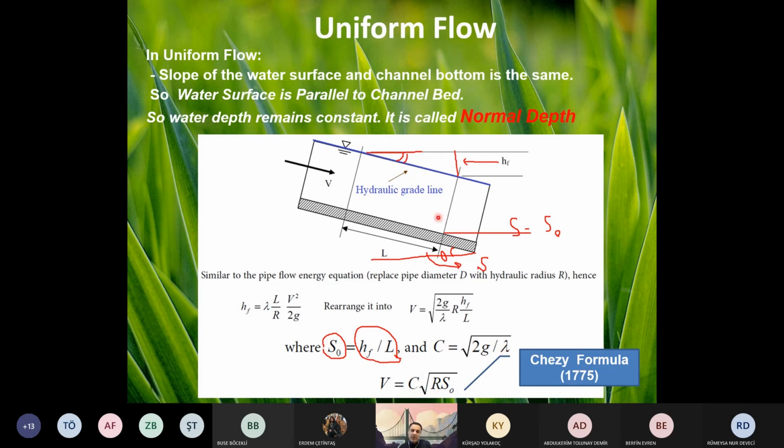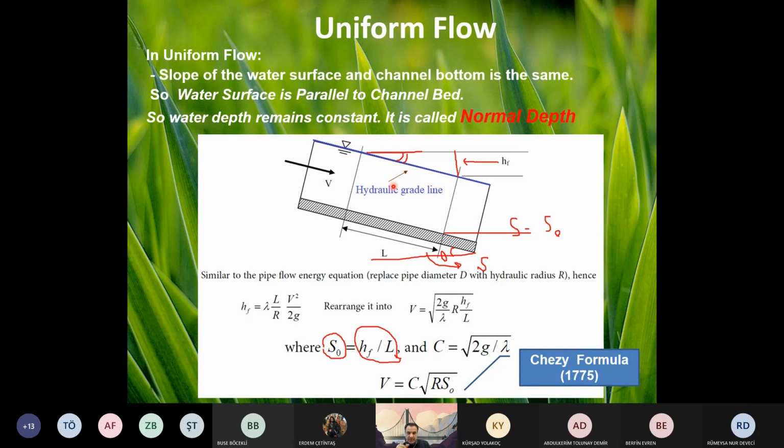R here in natural channels is the hydraulic radius, but don't forget that in a pipe it was actually the radius of the pipe, and it is equal to the hydraulic radius.